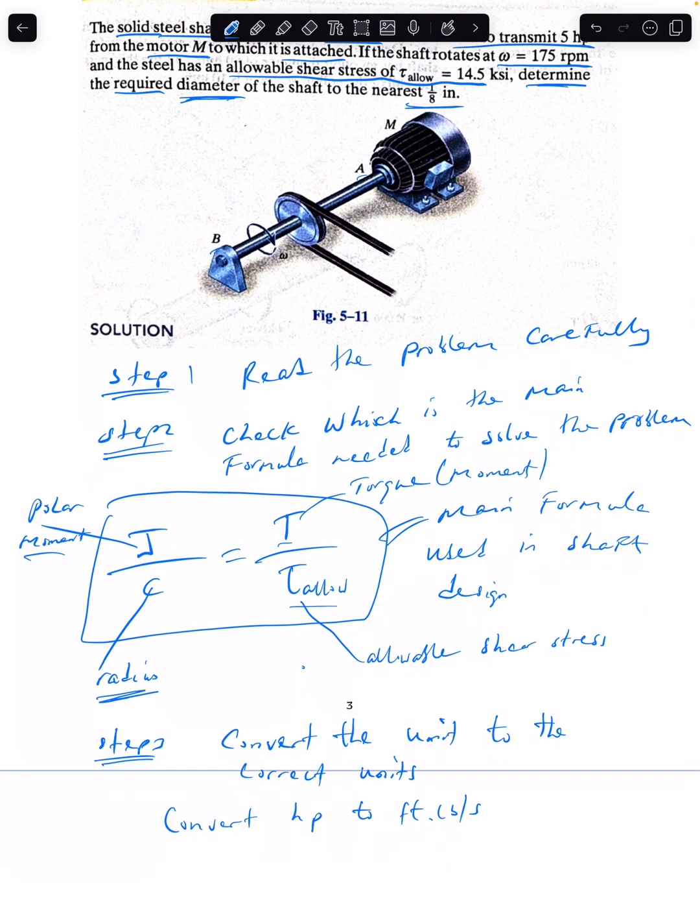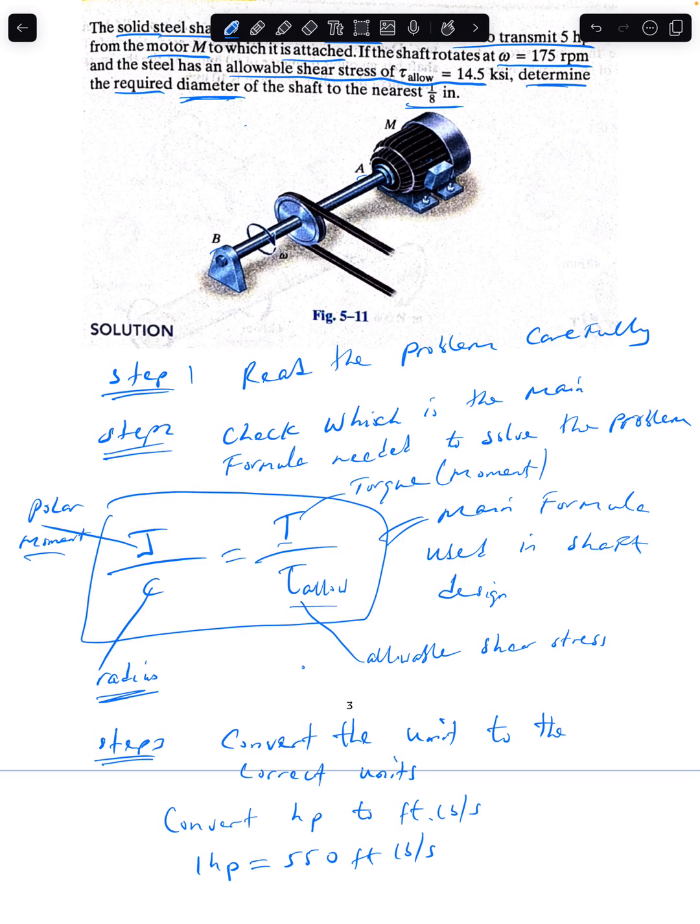1 horsepower. 1 horsepower is equal to what? Is equal to 550 ft pounds per second. And I check my angular velocity, which is given in revolution per minute.